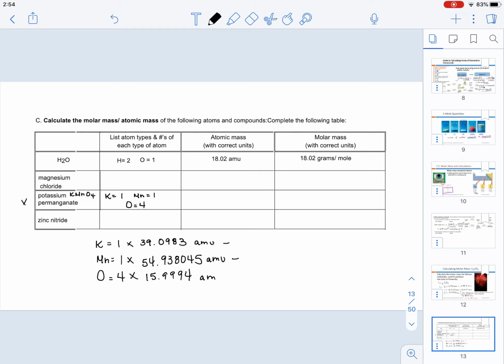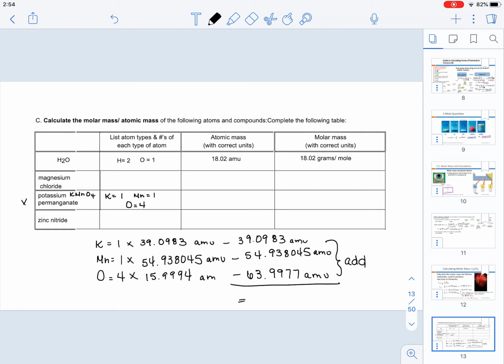So when we multiply it times the subscript that we have for the element in that compound, the first one is going to be 39.0983. The second one is 54.938045. And then the last one, 15.9994 times 4 is going to be 63.9977 AMU.